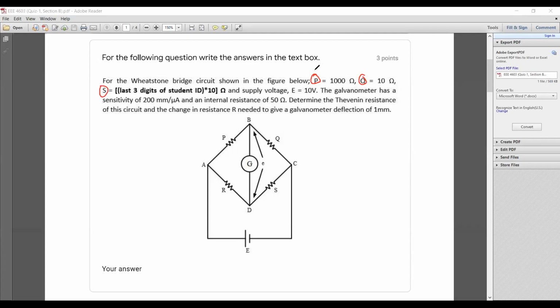Now, when you have these three values known to you, you can easily calculate R. When you know R, the value of this resistance, you can also calculate the R Thevenin quite easily. I hope that you know that formula.